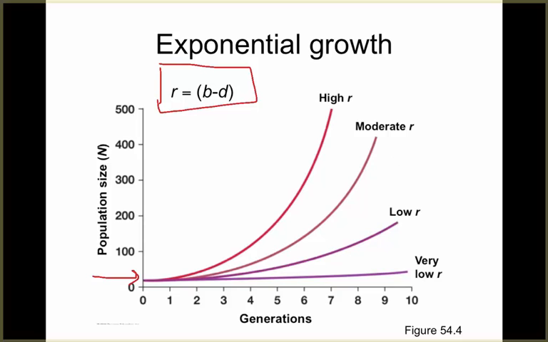In exponential growth for these graphs, r is assumed to be constant, or at least approximately constant. And in exponential growth, one expects these J-shaped curves where the population shoots up and increases faster and faster as the population size gets larger and larger.